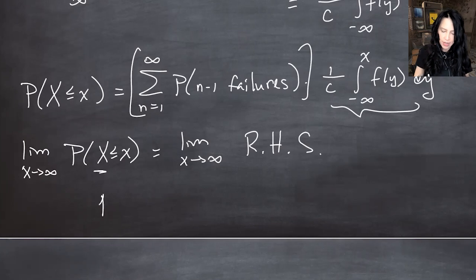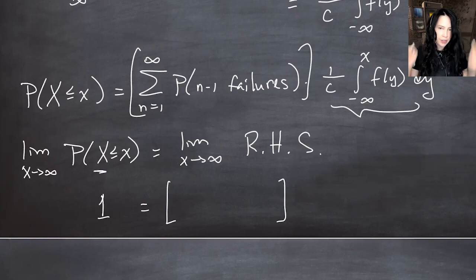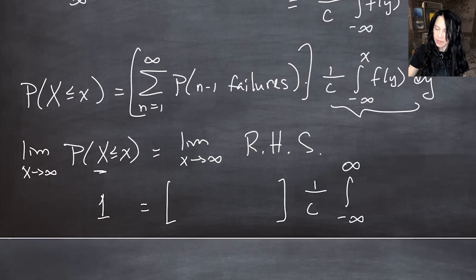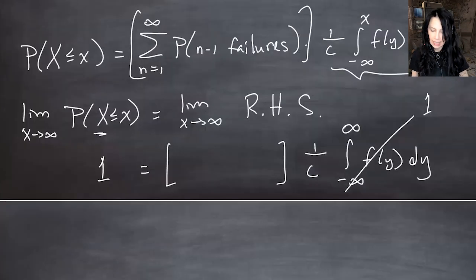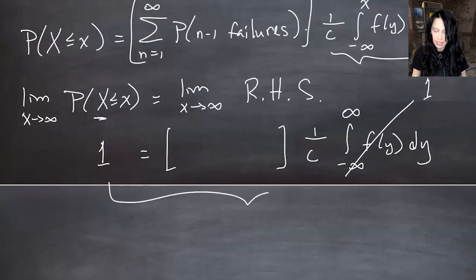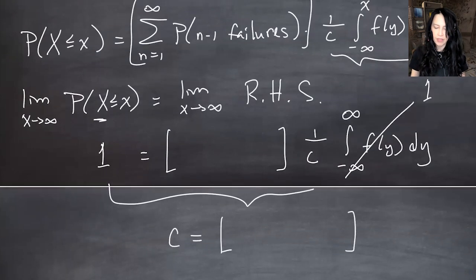So this is a 1. On the right, I've got this failure thing. I've got a 1 over c, and I have an integral from minus infinity to infinity of f of y dy, but that's a PDF, and this integrates to 1. So the stuff that's left tells me that c is actually equal to the stuff in those brackets, that ugly, ugly stuff in the bracket.